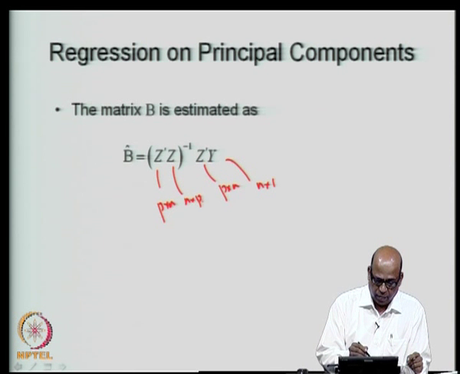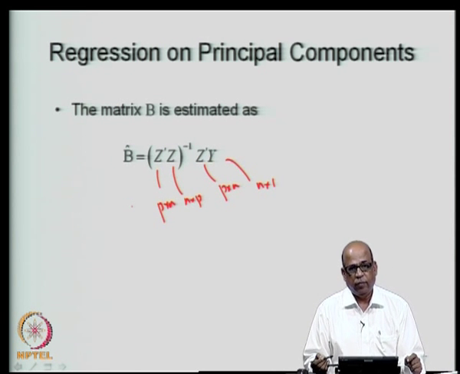So, you get p by p here, inverse p by p, and then p by n, therefore, you get n by n and then n by 1. So, you will get n by 1.